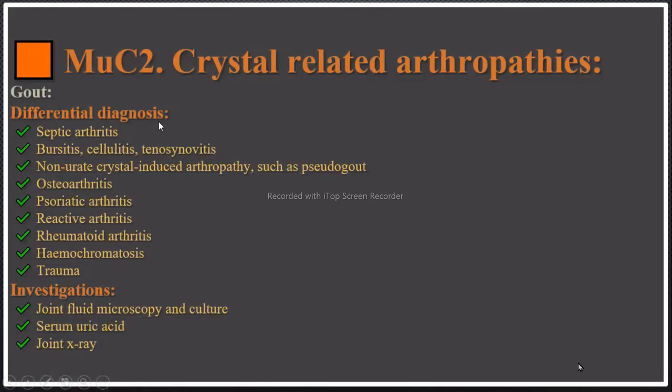Differential diagnosis, you have to rule out septic arthritis, whatever in practice or in the exam, bursitis, cellulitis, tenosynovitis, non-uric crystal-induced arthropathy, pseudogout, rule that out. Osteoarthritis, psoriatic arthritis, reactive arthritis, rheumatoid arthritis, trauma. Investigation, so any patient with a joint problem, joint fluid microscopy and culture, you will aspirate. Serum uric acid, joint X-ray.